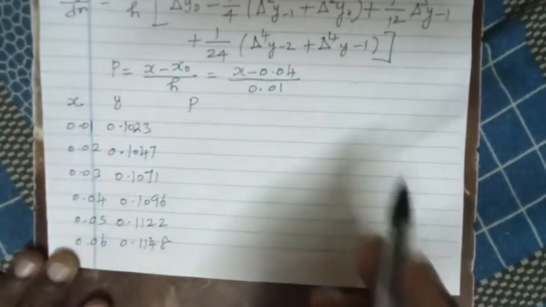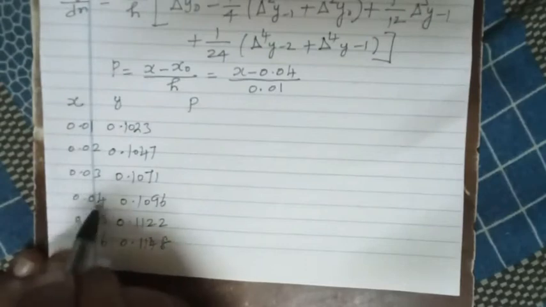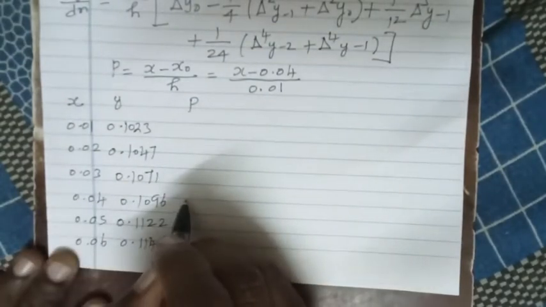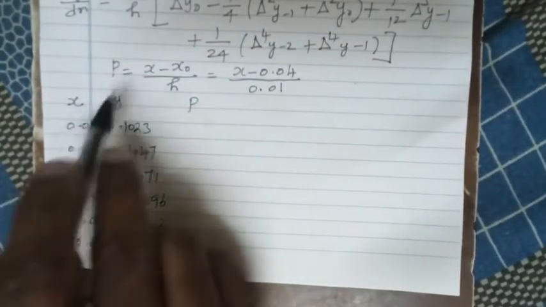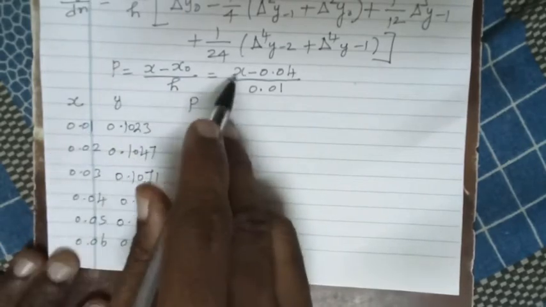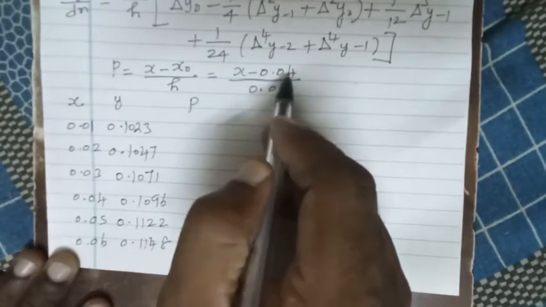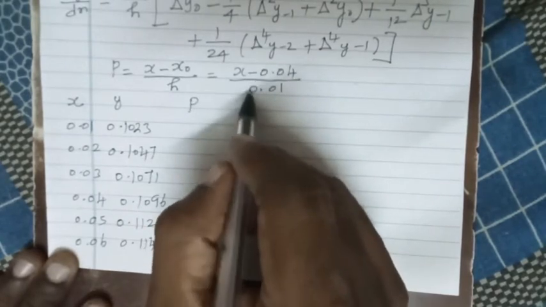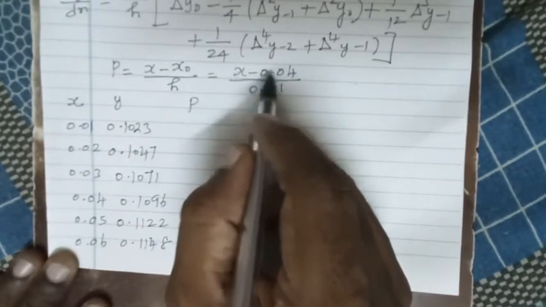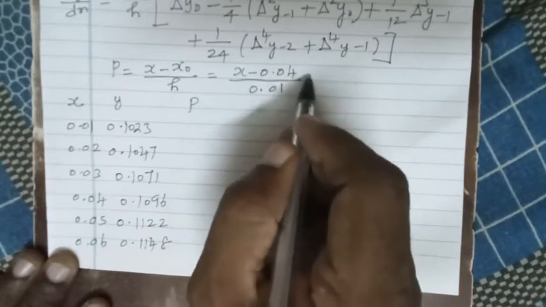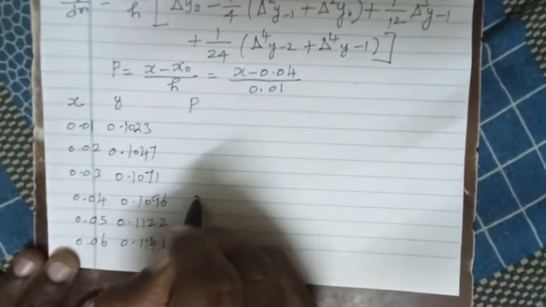First we have to find out the p value. P value means the given 0.04. This is the center of the value. We have to use this formula. X value, we can take 0.04 minus 0.04 divided by 0.01. Now result is 0.